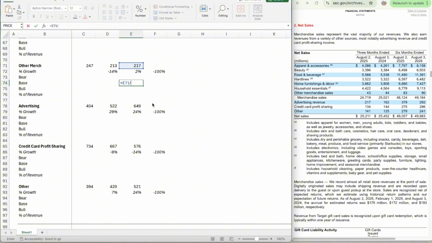This one really doesn't matter. It's such a small part of total revenue, but obviously we want to be as accurate as possible.